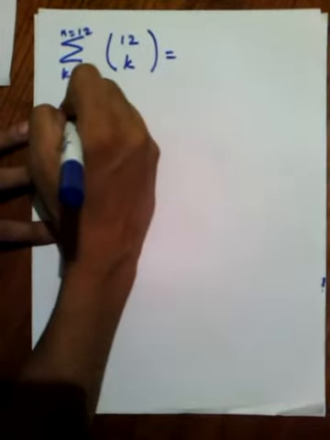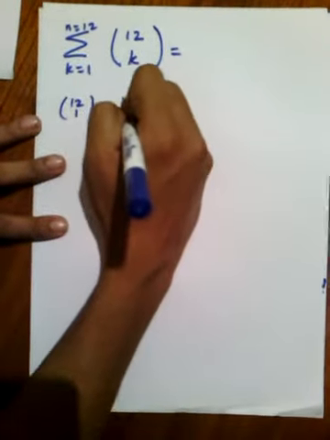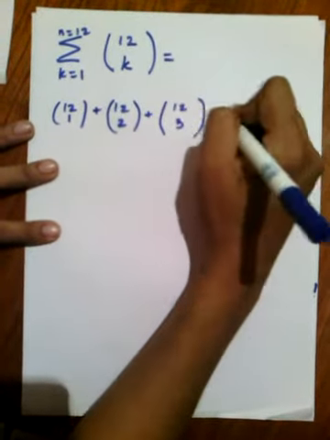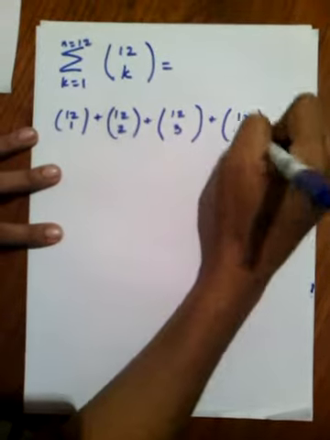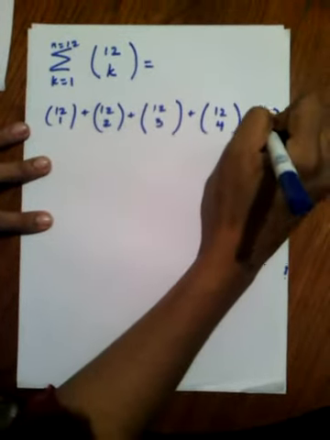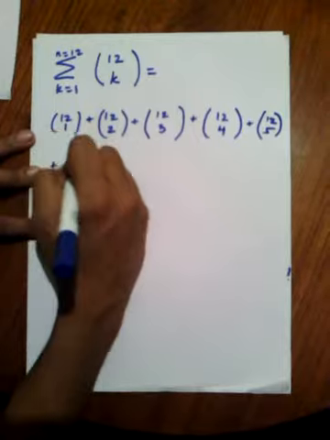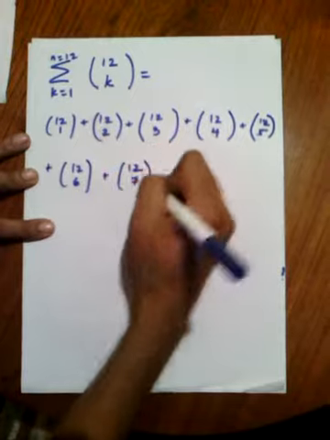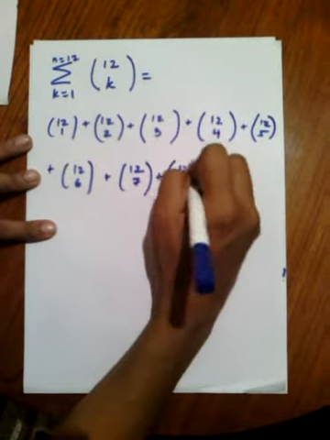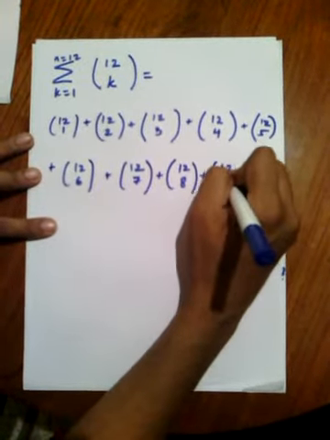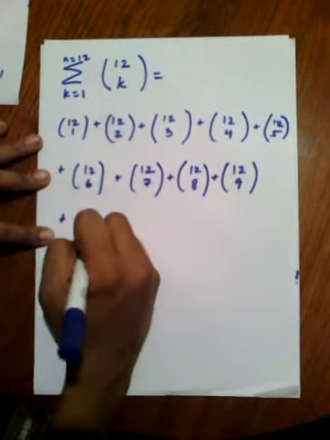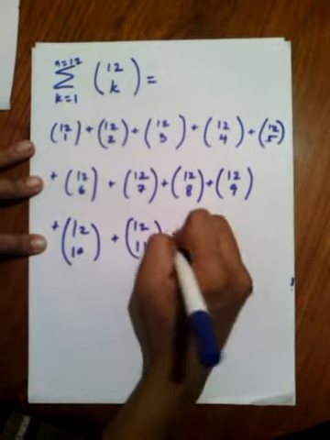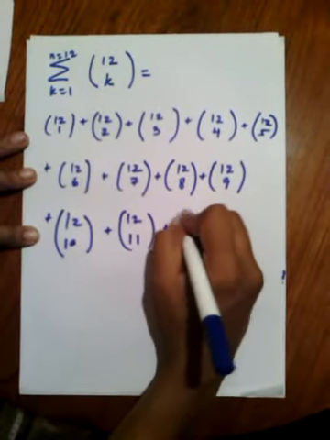That's equal to 12 choose 1 plus 12 choose 2 plus 12 choose 3 plus 12 choose 4 plus 12 choose 5 plus 12 choose 6 plus 12 choose 7 plus 12 choose 8 plus 12 choose 9 plus 12 choose 10 plus 12 choose 11 plus 12 choose 12.